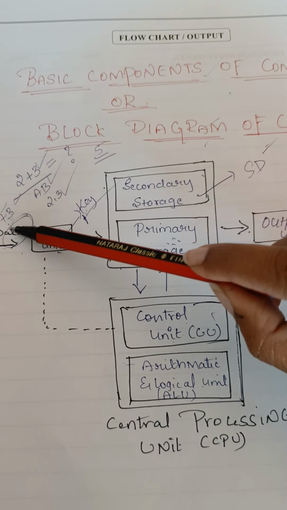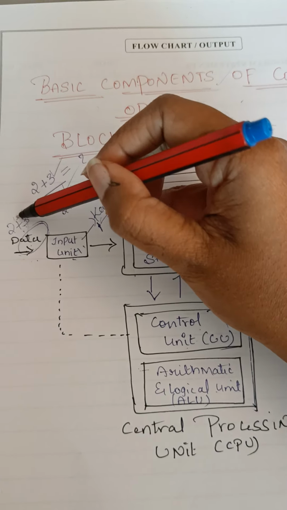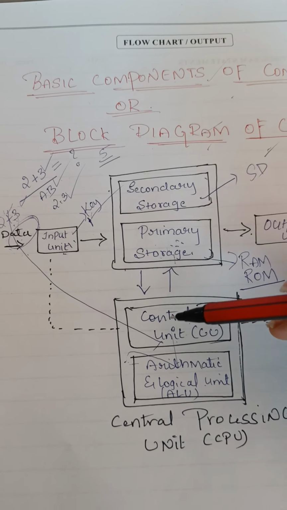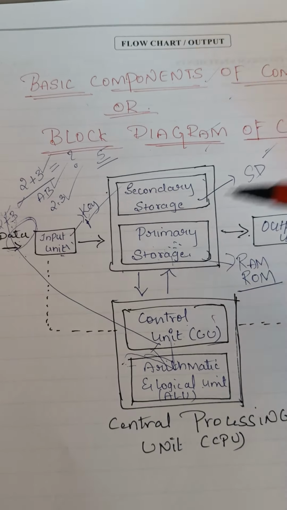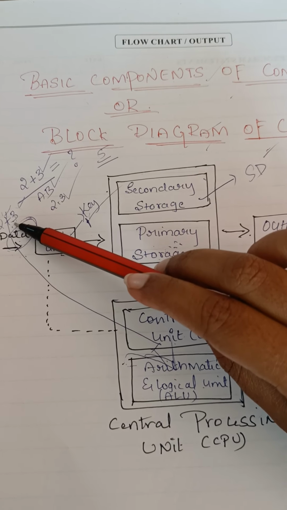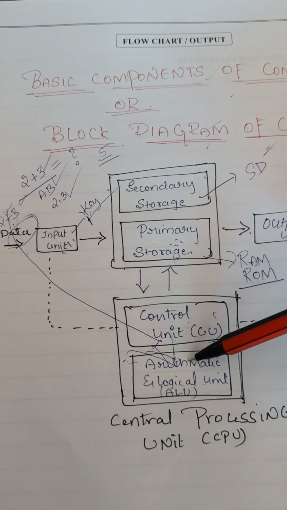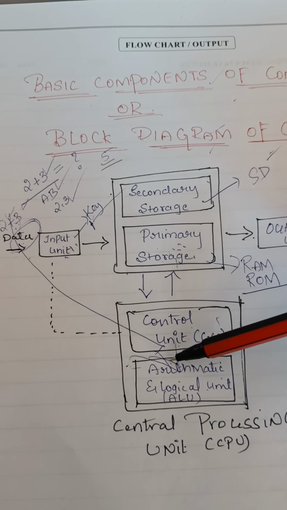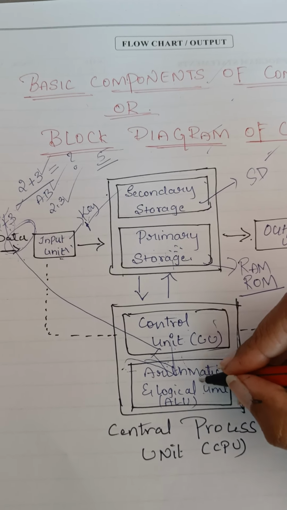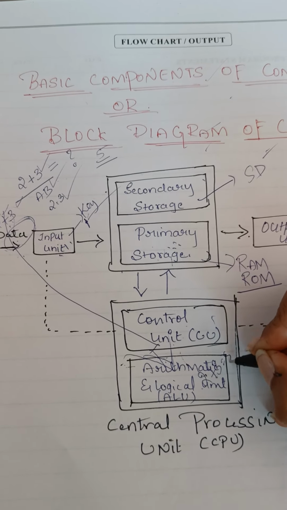At that time, this should be processed with the help of the arithmetical logical unit. This type of data should be processed with the help of the ALU. Here 2 plus 3 is processed and we get the output, 5.